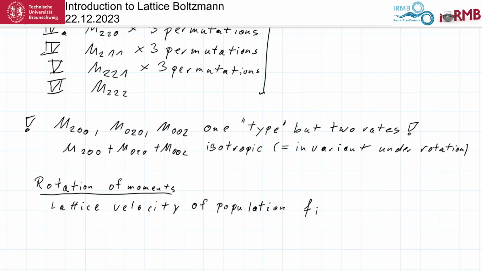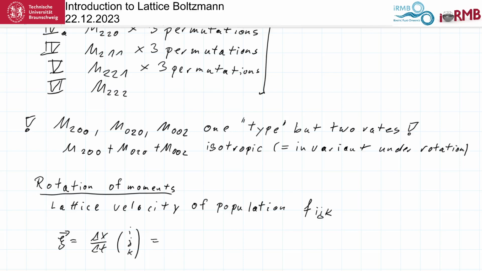So we have the population Fijk, and we see this has a velocity xi, and this velocity is, of course, in terms of delta x by delta t. And here comes the vector i, j, and k, because i, j, and k are the directions in x, y, and z.